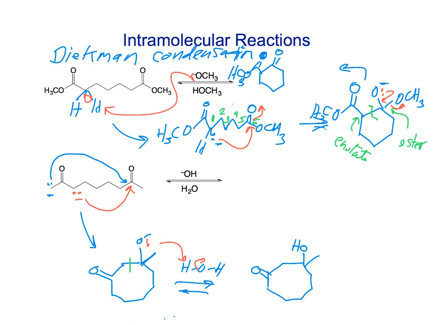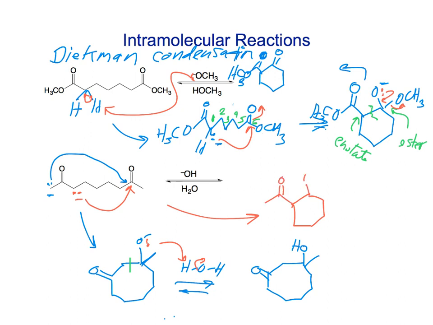Okay, so what if instead the reaction happened by the red arrow? Then what would we get? Okay, how big would the ring be? 6. All right, so we would have a 6-membered ring. Right, and if this is the alpha position, we'd have a ketone like this.